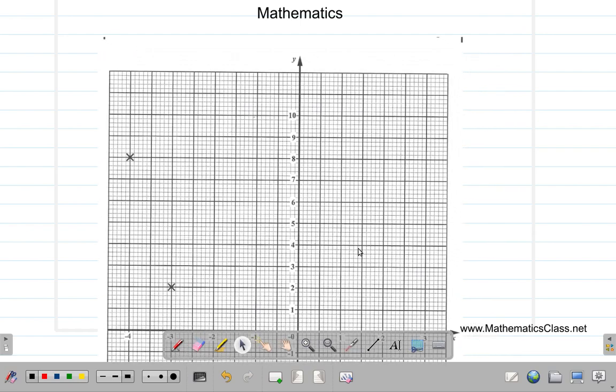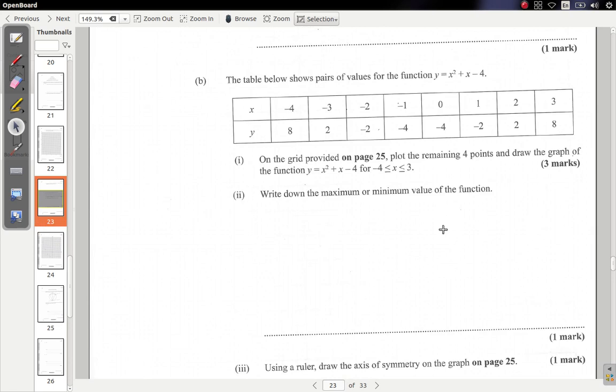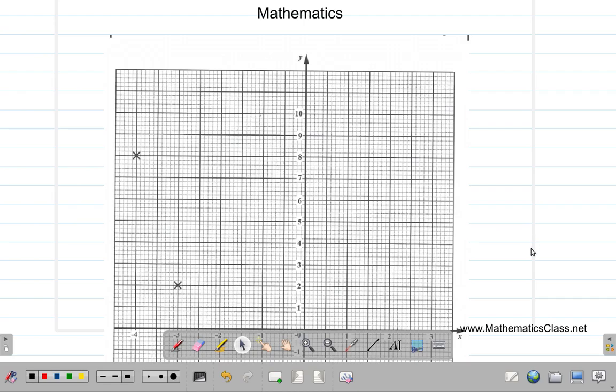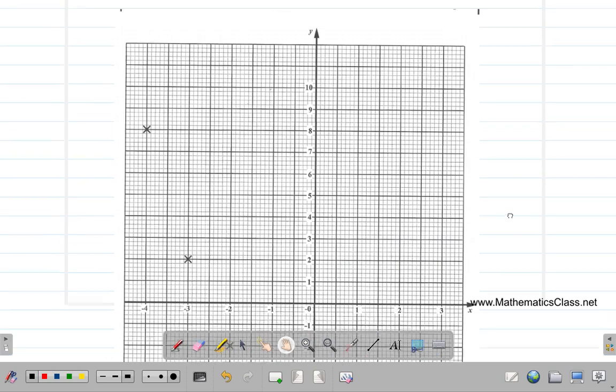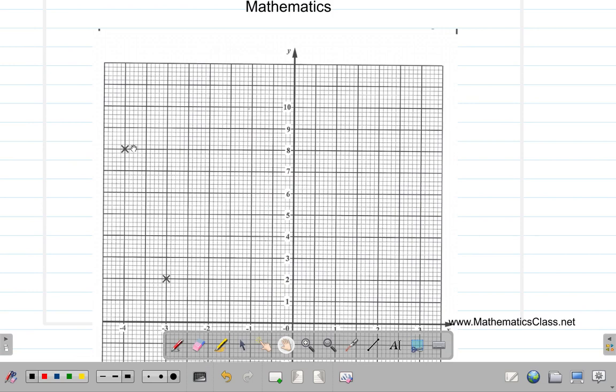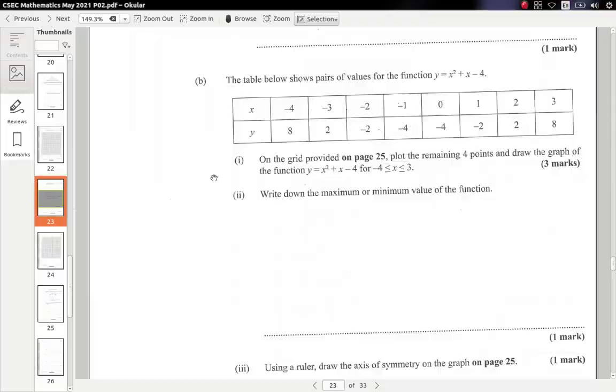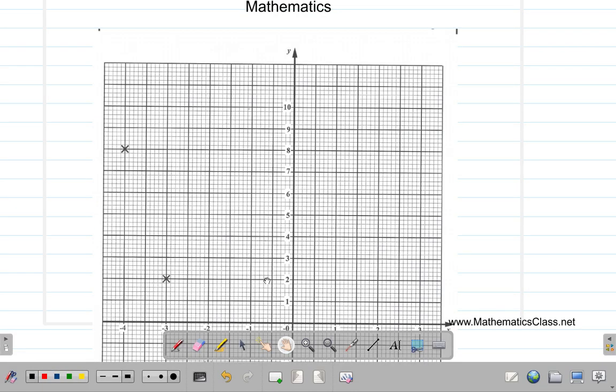So we have negative 4, 8. So you can see negative 4, 8, above negative 4 and beside 8. You also have negative 3, 2. Negative 3, 2 is above negative 3 and beside 2 right here. You can see it right here.